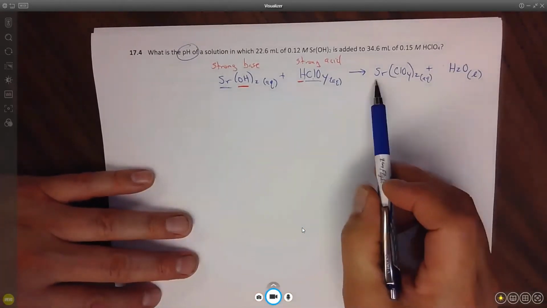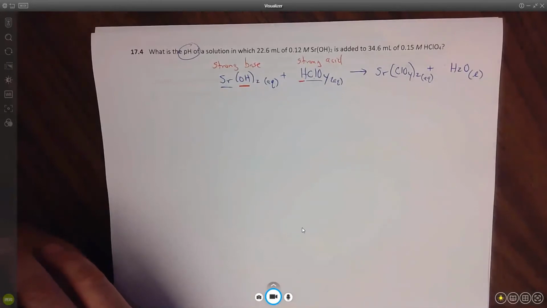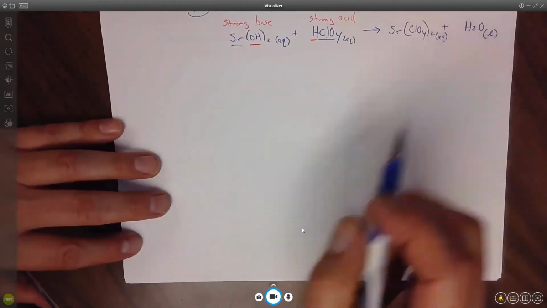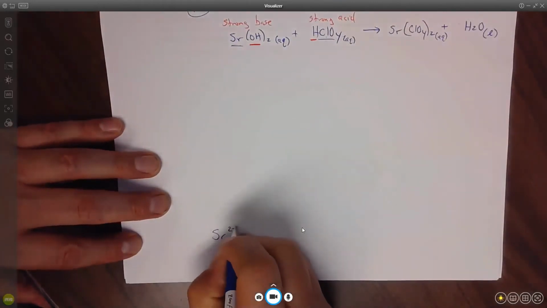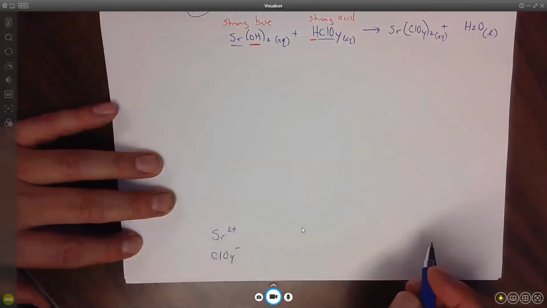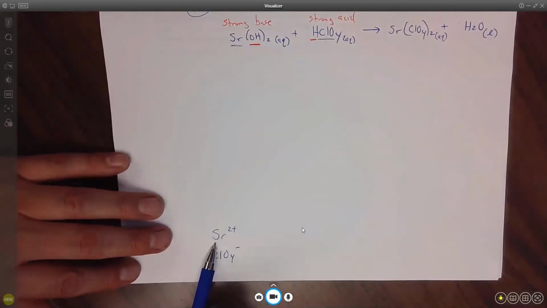And this salt, how is this salt going to affect the pH of the solution? Well, first off, it's a strong electrolyte, right? So it's going to dissociate into the strontium ion and the perchlorate ion. Will this affect the pH of the solution? The strontium.